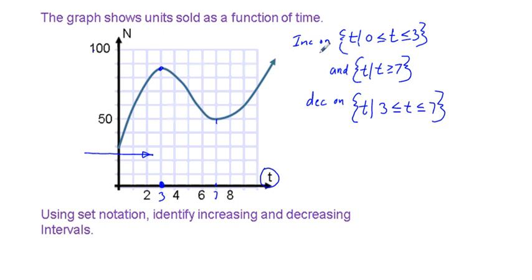Okay, so we covered the increasing interval and the single decreasing interval. There we are. And that is in set notation. We've got to be flexible enough to really understand our set notation, interval notation, and inequality notation in this test.